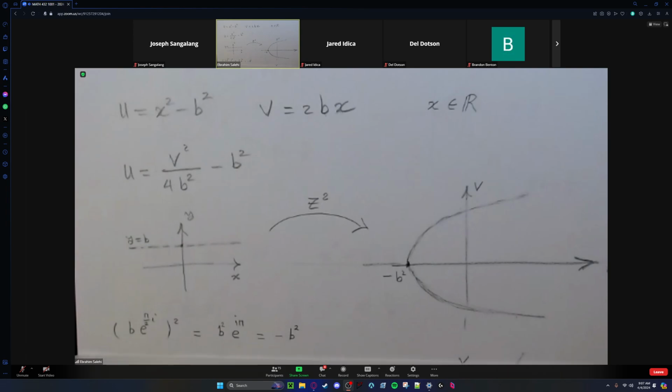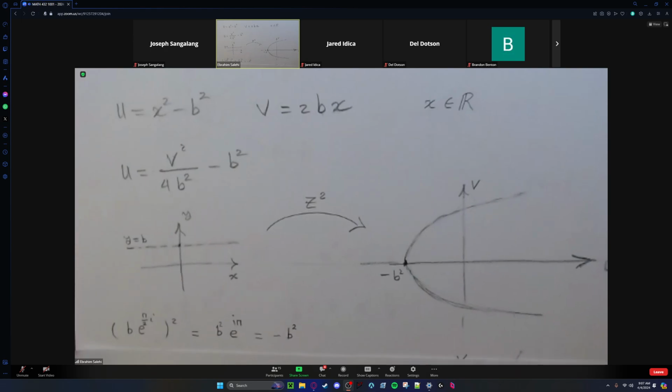Good. So we know what happens to rays. We know what happens to vertical lines. We know what happens to horizontal lines, okay? Then I can now do this. The question is, what happens to this region, which is bounded by x equal 1 and this ray?